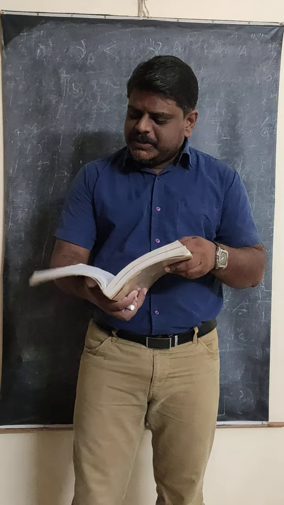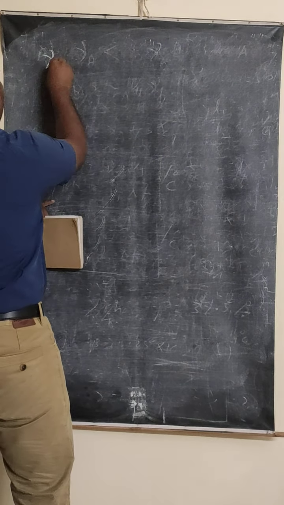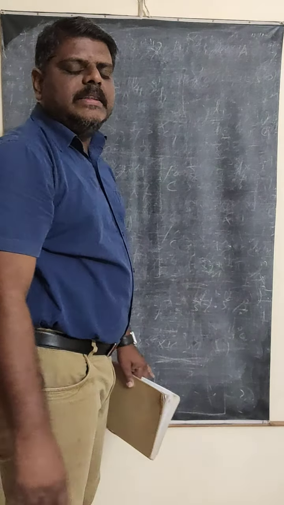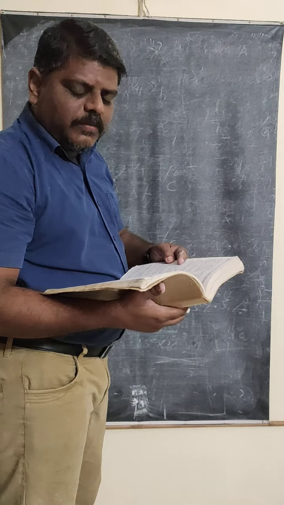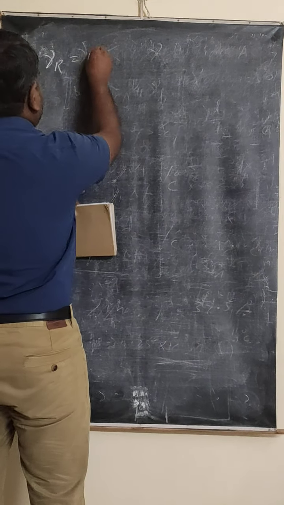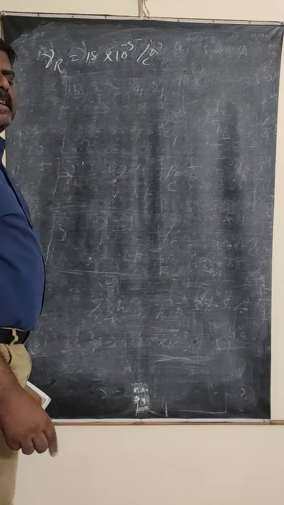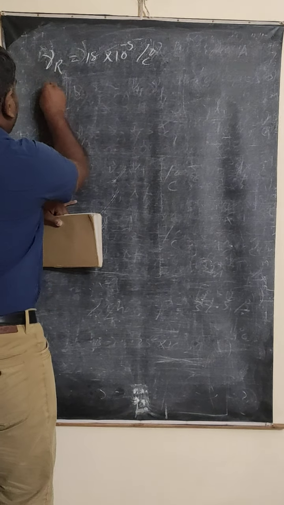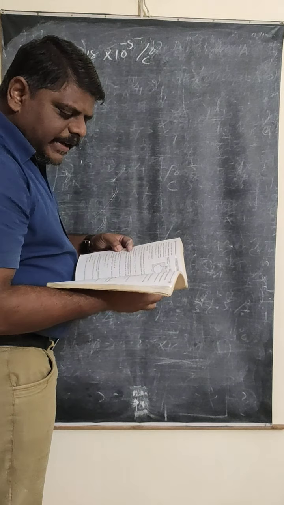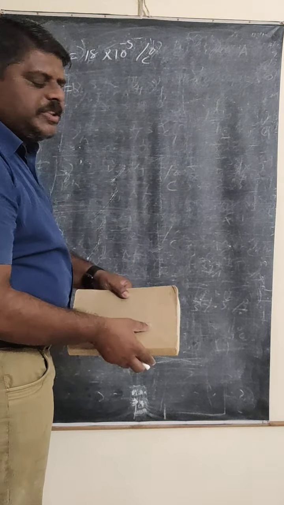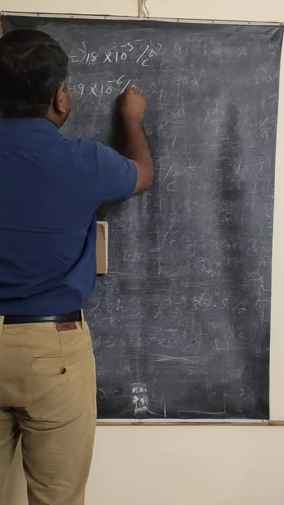Let us write down the values given in the problem. Gamma R is equal to 0.00018, which can be written as 18 into 10 to the power of -5 per degree Celsius. Next, alpha g is given as 9 into 10 to the power of -6 per degree Celsius.